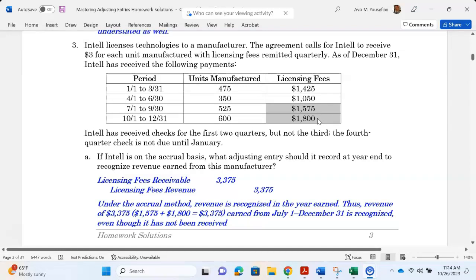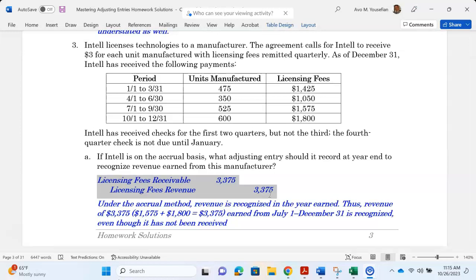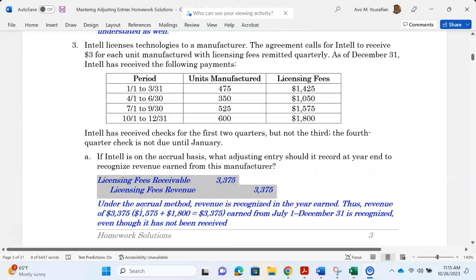If you combine those, that will be licensing fee receivable, or you can call it accounts receivable. Either way is fine. 3,375 debit to increase the asset, and you recognize credit for the revenue of 3,375. So revenue will increase. Under accrual method, revenue is recognized in the year earned, right? So therefore, revenue should be recognized for 3,375.